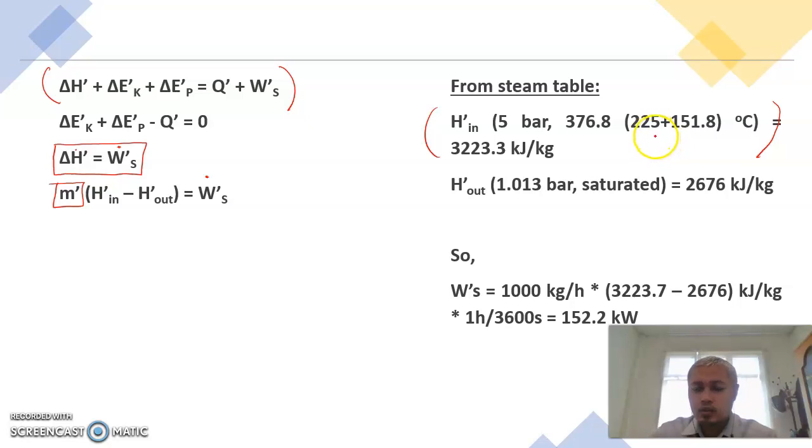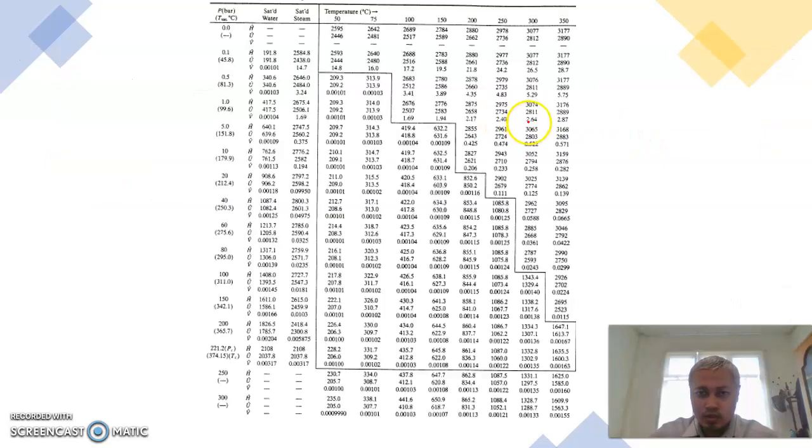Actually if we go to the steam table at 5 bar, we look at this table, properties of superheated steam. Even though it mentions superheated steam, we know that this part is saturated water or saturated steam, the initial part.